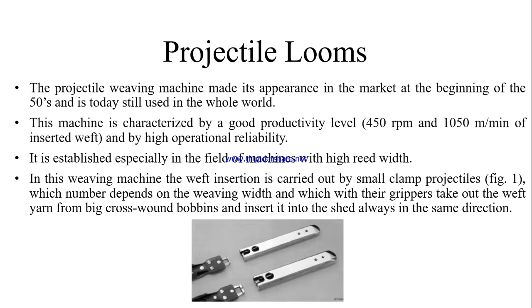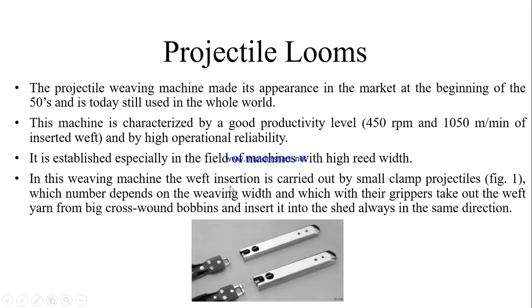In that case, the normal reed width is actually 190 centimeter, but when the width is much higher than that, around 240 or 260 centimeter or higher, then maybe the shuttle weaving is not suitable. So in that case, the projectile weaving machines are most successful for wider width looms.